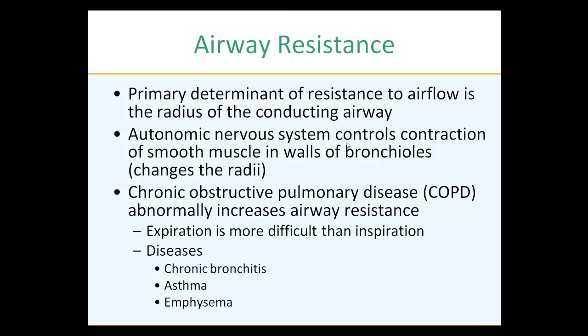If it's excessive enough to obstruct the ability of the air to efficiently ventilate your lung, then we are dealing with diseases, and we call that chronic obstructive lung disease or chronic obstructive pulmonary disease.